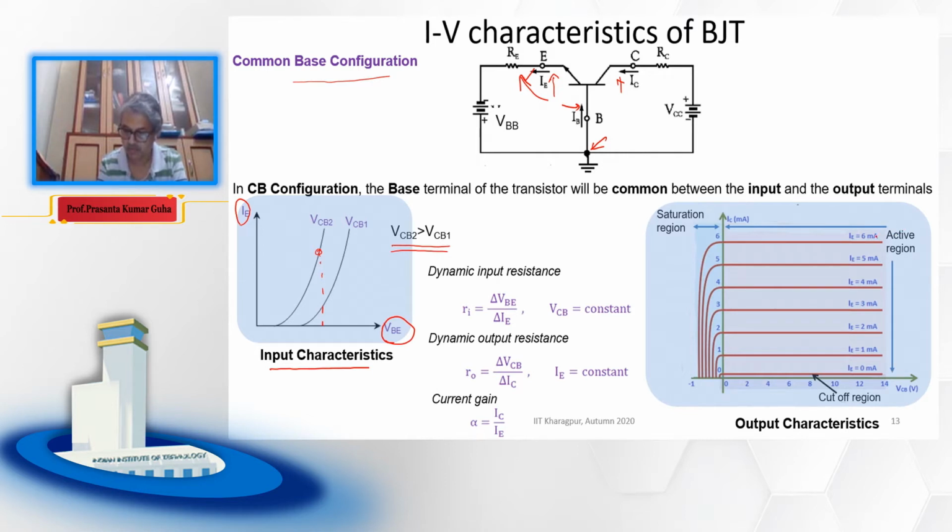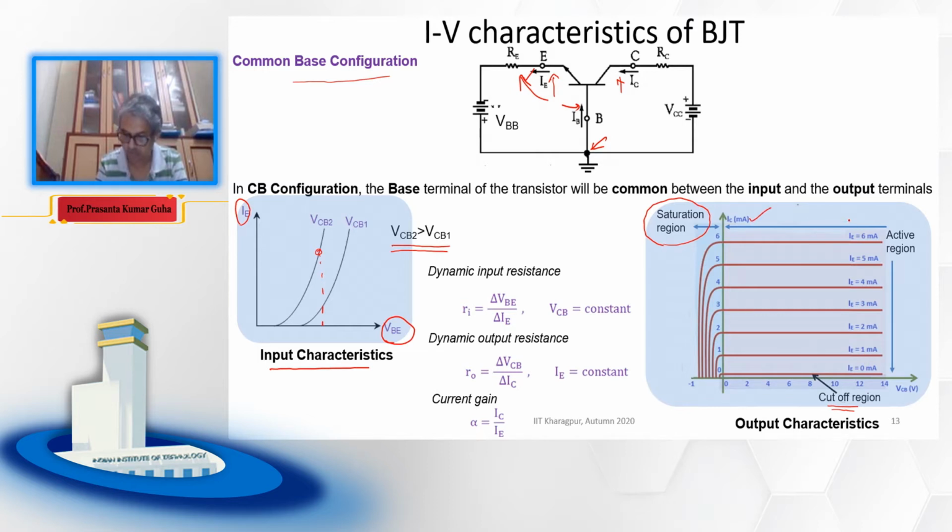Apart from the active region, there is also the saturation region, where both the base emitter and base collector junctions are forward bias, and in the cutoff region the BE junction is off and the base collector junction is reverse bias.